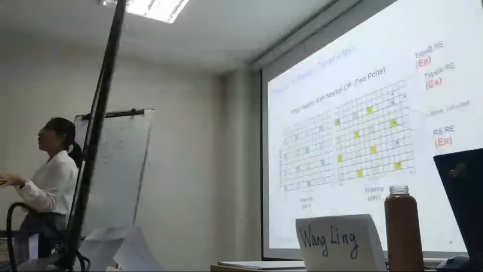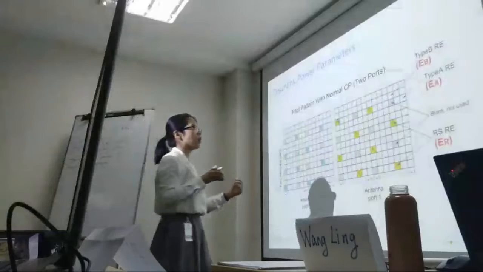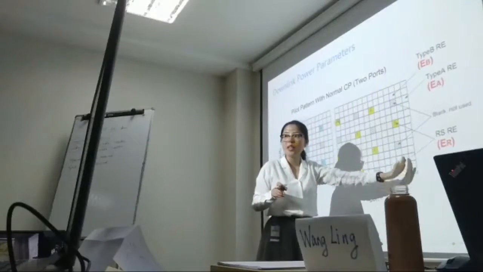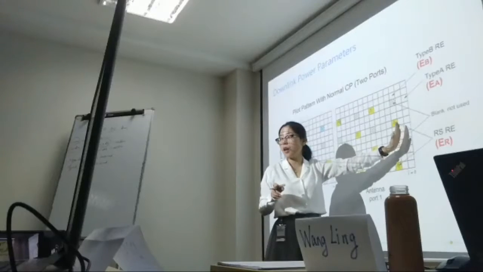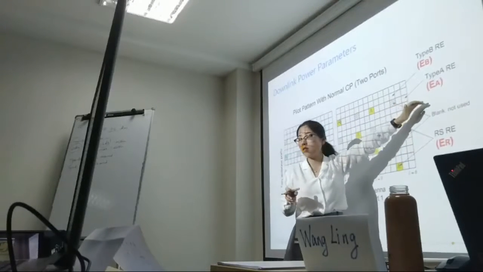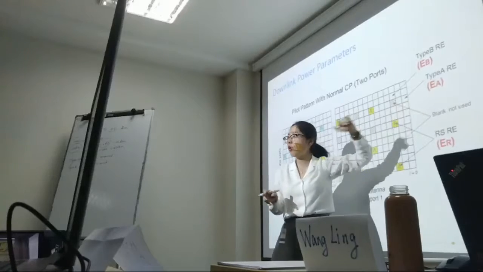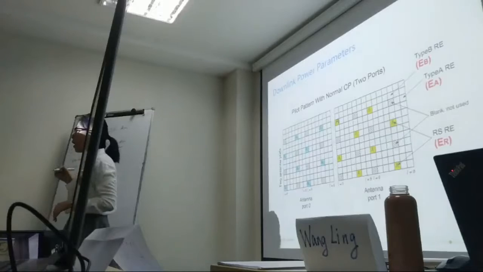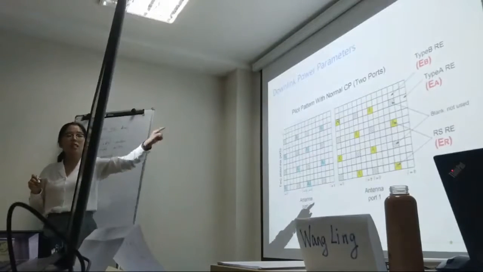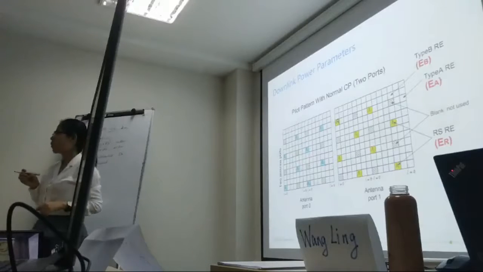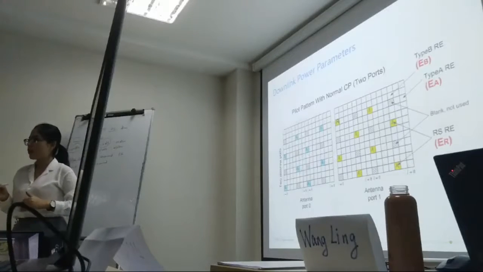So we can divide the RE. In the type A symbol, the RE we call type A RE, and its energy we name EA, the energy of type A RE.